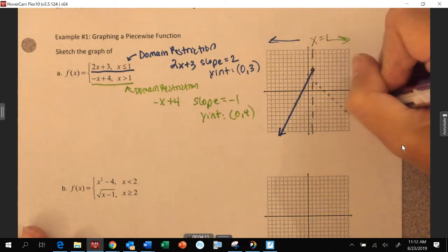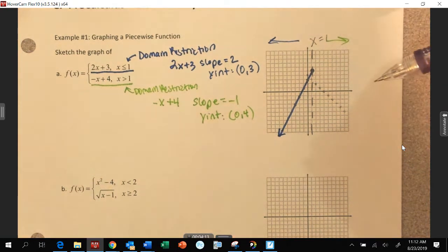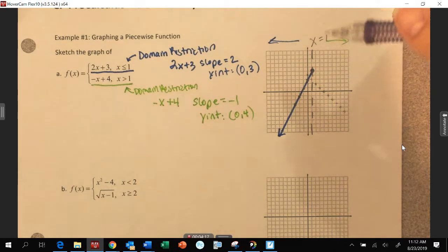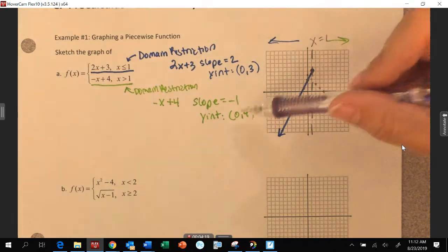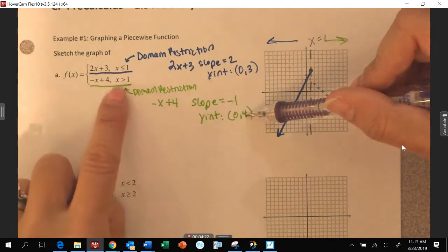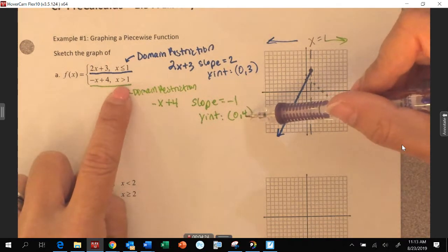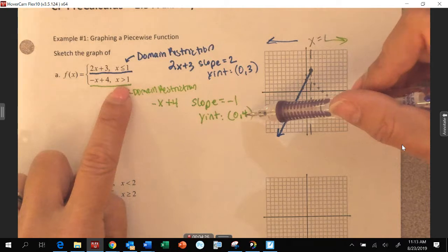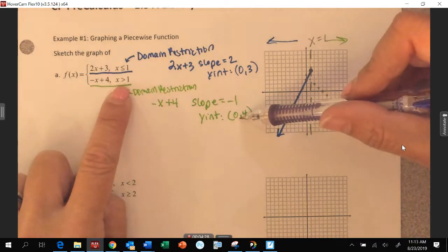Okay, but if I connect all these points just like I graphed them, I'm going to have a problem. Am I allowed to graph the ordered pair (0, 4) if I have a restriction that says x has to be greater than 1? I cannot graph that one.